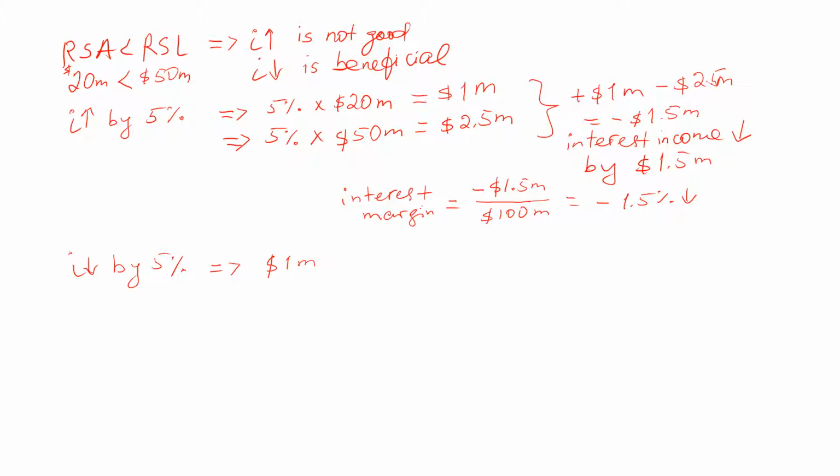So this is a negative number because this is no good for the bank, right? So they receive $1 million less. But at the same time, as a result of a decrease of interest rates by 5%, the bank pays $2.5 million less. So this is a good thing, more like a saving to the bank.